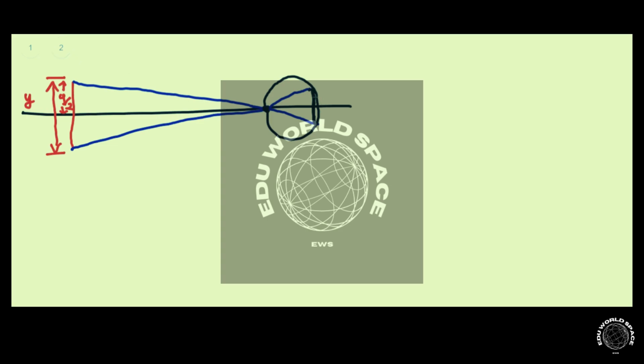So we know that the y prime should be 5 times 10 to the minus 4, and our y height is 5 times 10 to the minus 3. This is in centimeters.